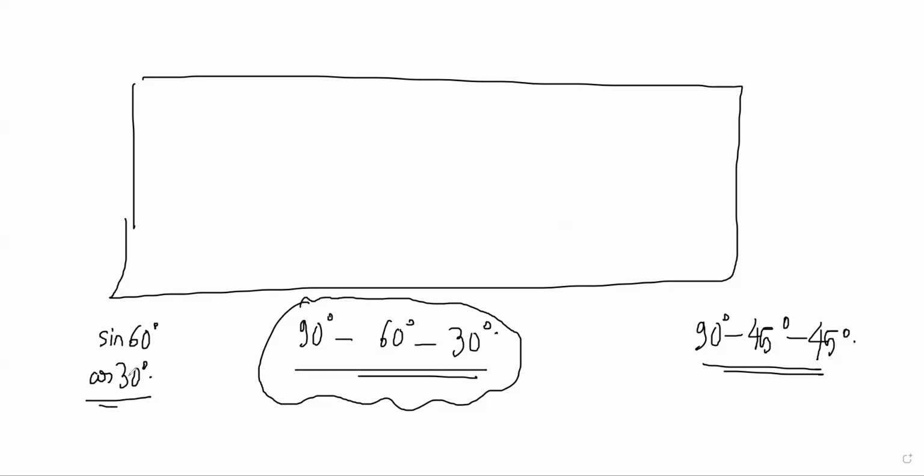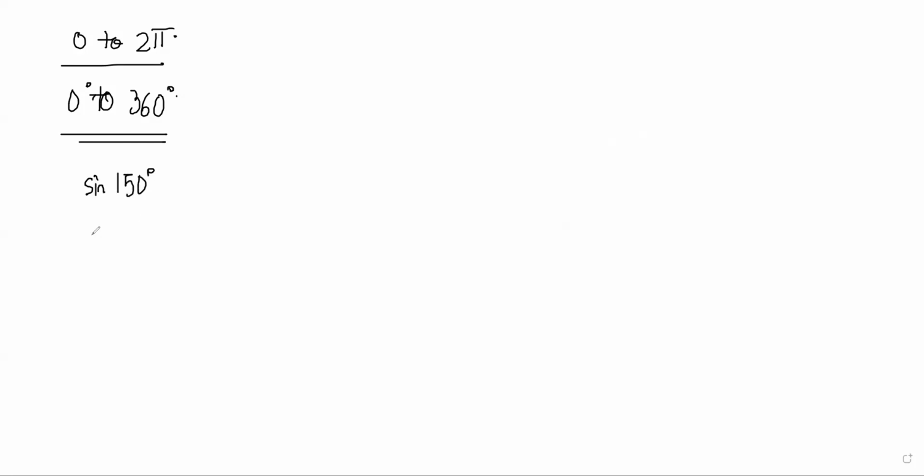But now that we have learned about angles going from 0 to 2 pi, or 0 degrees to 360 degrees, the next step for us is to find out how to get the sine of 150 degrees or sine of 240 degrees or sine of 300 degrees or cos of 330 degrees.